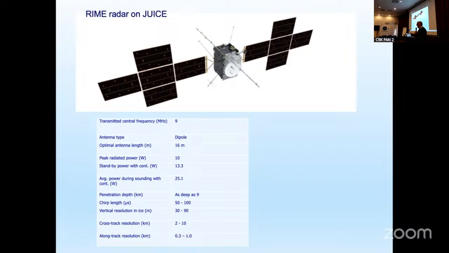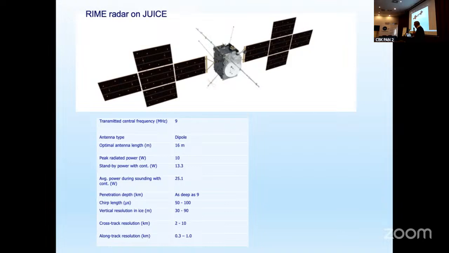One is RIME, which was built by Italians, and this radar is close to MARSIS, because it has a central frequency of 9 megahertz. The bandwidth is rather narrow, 1 to 3 megahertz, but MARSIS and Sharad were used as prototypes for this RIME radar.